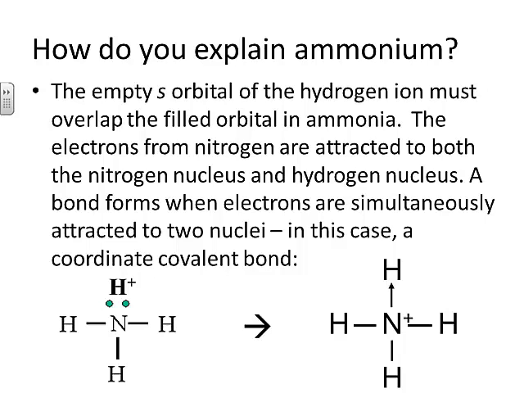The molecule would have an overall positive charge since we had that positively charged proton of hydrogen ion come over and join with it. Note that the coordinate covalent bond in this diagram on the right is depicted with an arrow going towards hydrogen, indicating nitrogen has donated both of the electrons in that bond.